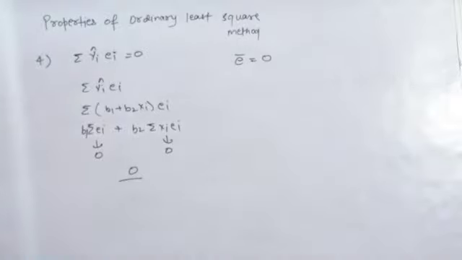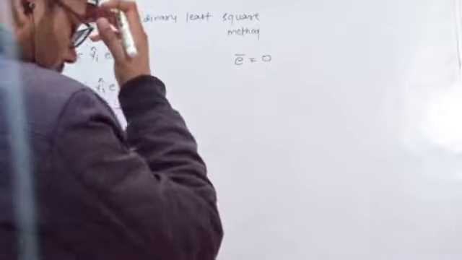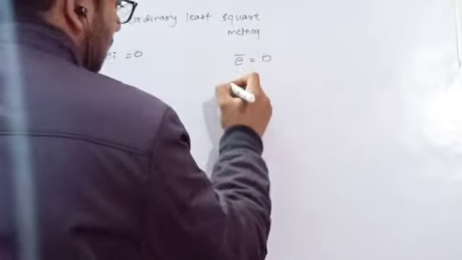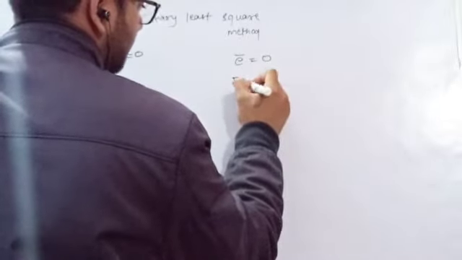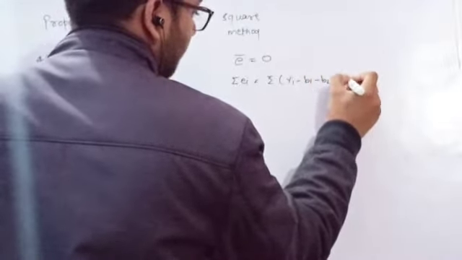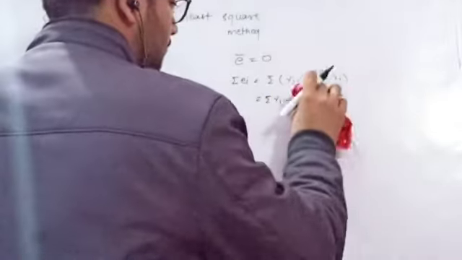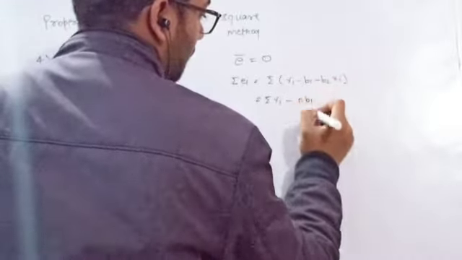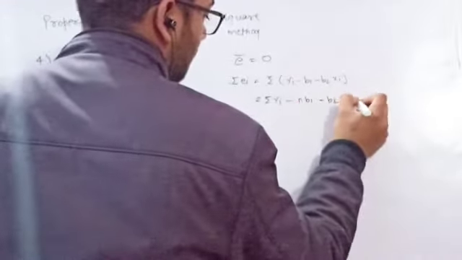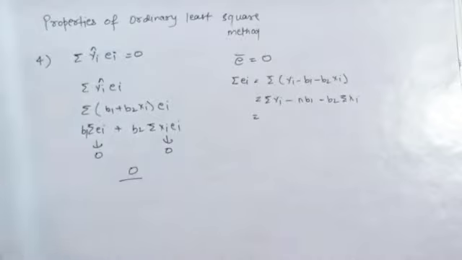Here I forgot to mention one thing: summation ei is summation yi minus b1 minus b2 xi, which is summation yi minus n b1 minus b2 summation xi. I forgot to say that this is the normal equation 1.